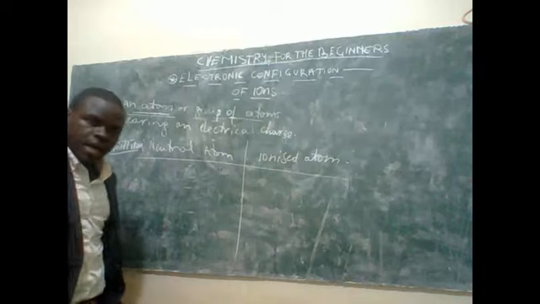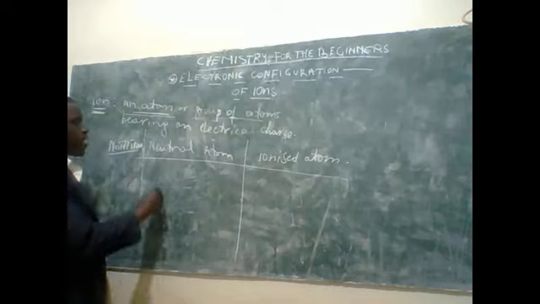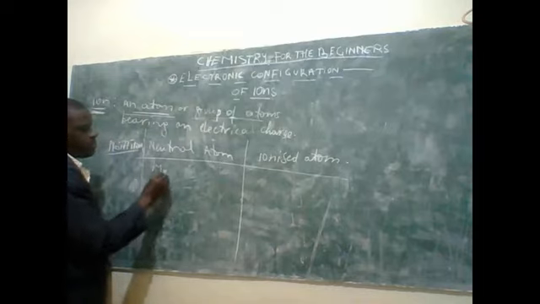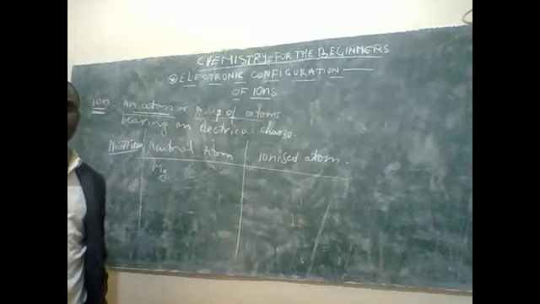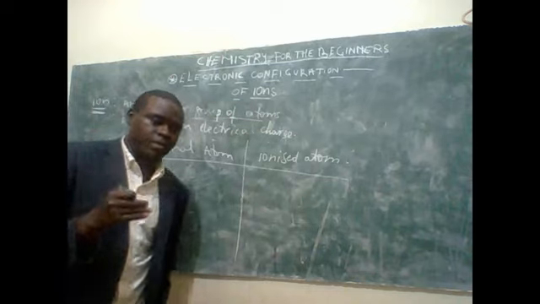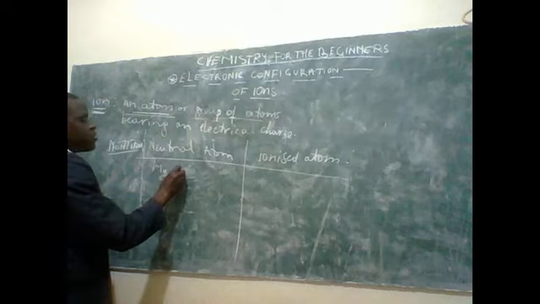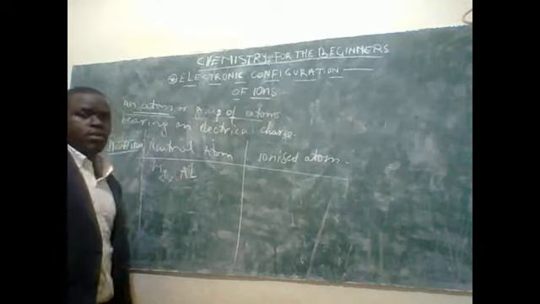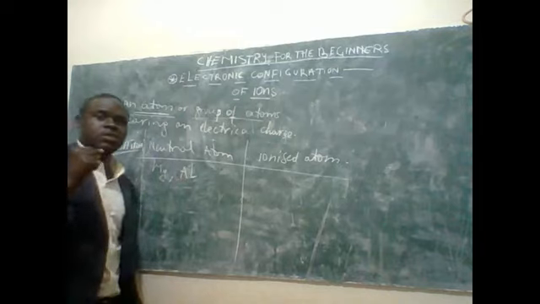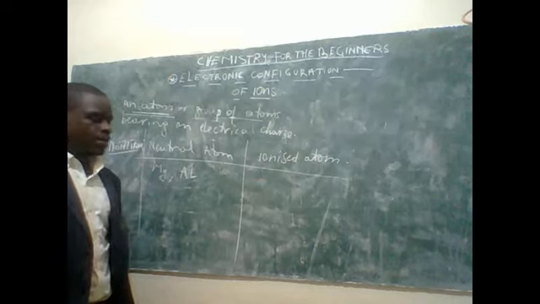For example, here we have magnesium. Magnesium here is neutral, or I can say it is stable. Here we also have aluminium, and even when we write it like this, aluminium is also stable. It means it did not lose anything and did not receive anything.